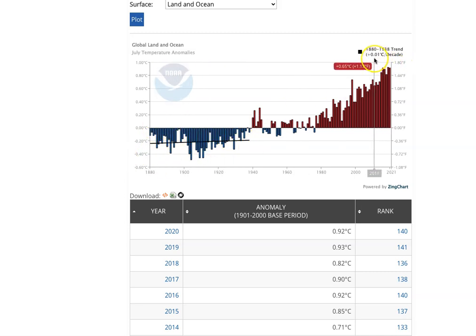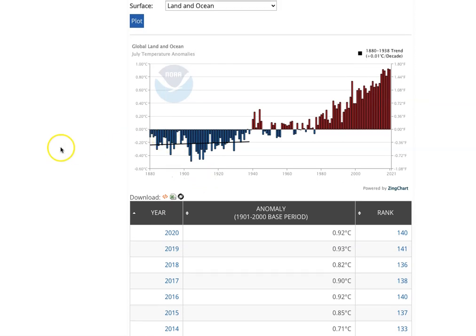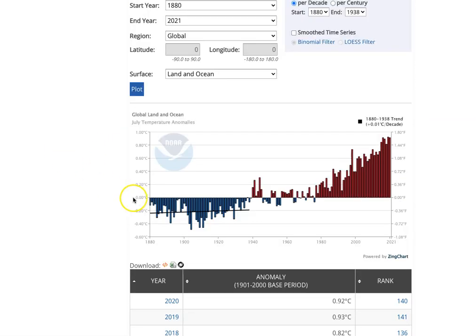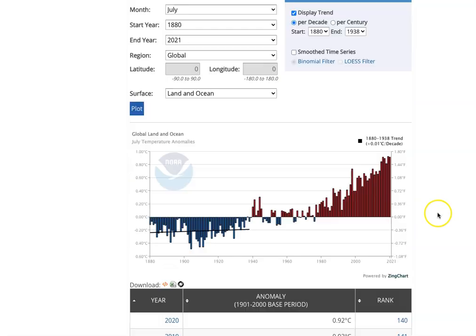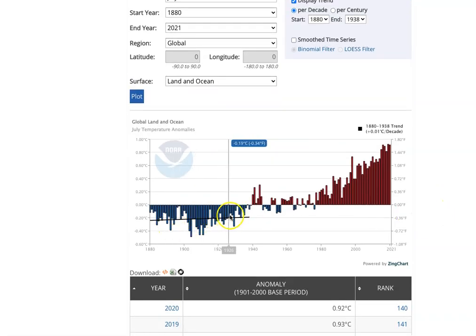And you can see up here it's telling us that the trend is a positive 0.01 degrees Celsius per decade. So even though all of these anomalies are negative, they're below the average temperature that was calculated from 1910 to 2000, the trend is still rising, not very fast, but it is a positive trend.